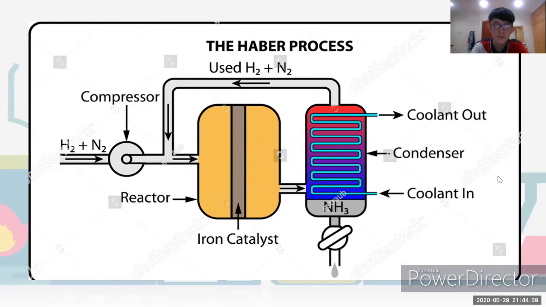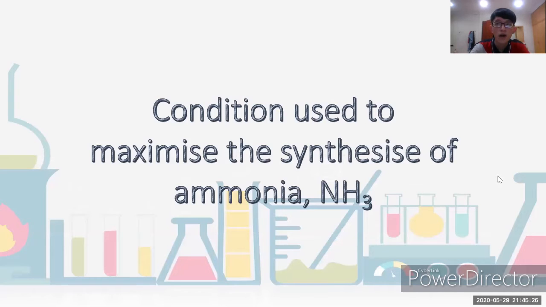The ammonia will then be passed to the condenser to be liquefied for further use. The unused hydrogen and nitrogen will be recycled back to the reactor for the next reaction. Thus, we now have a rough image of what the Haber process is.